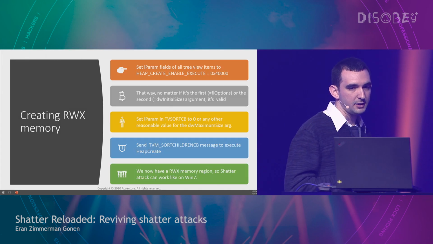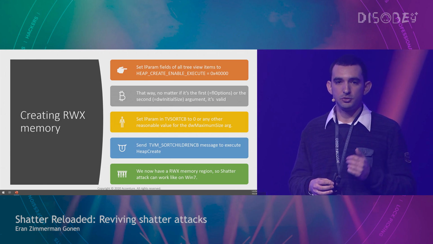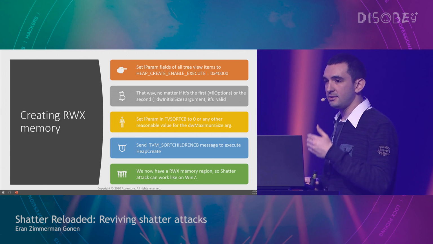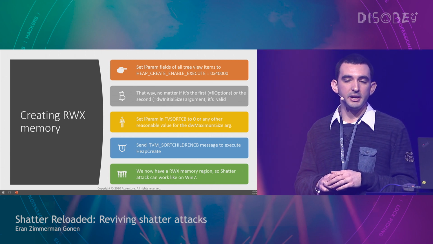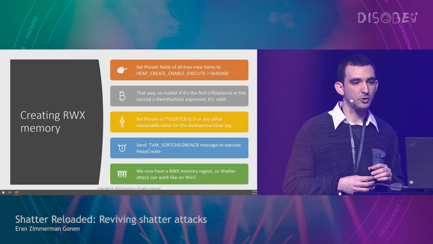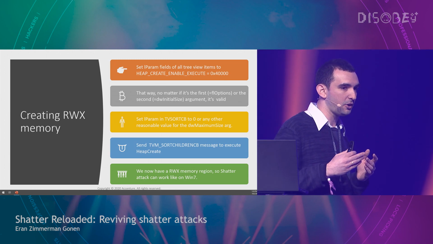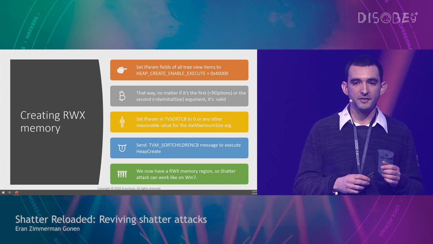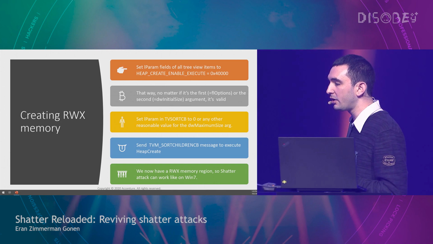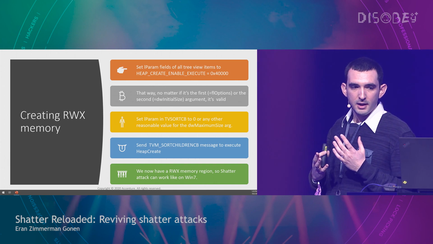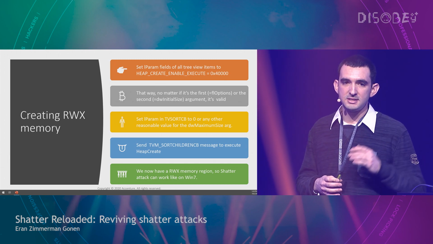So basically, what we did is, first of all, we enumerated the children of the tree view, and we sent TVM_SETITEM for each of them, setting their lParam values to this HEAP_CREATE_ENABLE_EXECUTE flag, which is 0x40000. We did that because we don't know if it will be passed as the first or as the second parameter to our function. Since we don't know the order and we set all of them to this value, the second parameter of HeapCreate will also be this value.